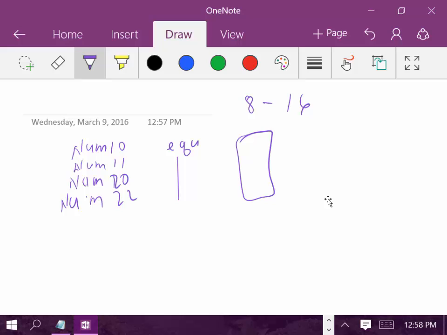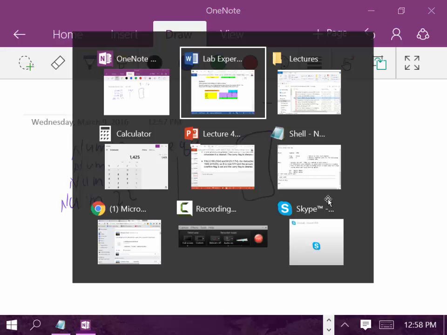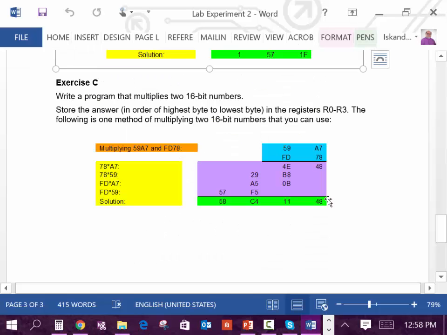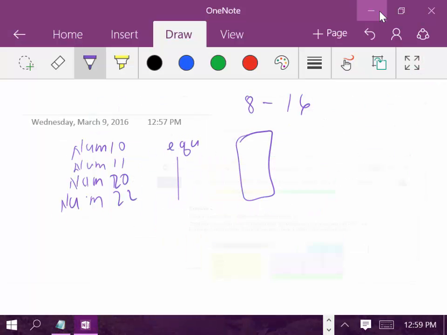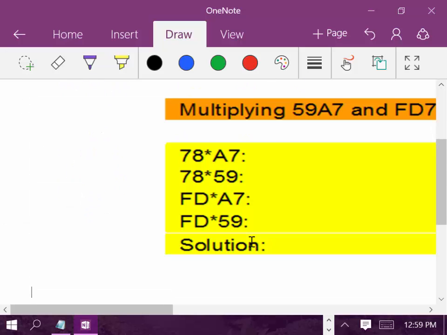Remember our pattern. I'm just going to copy it and stick it here, and I'll have to write under it.